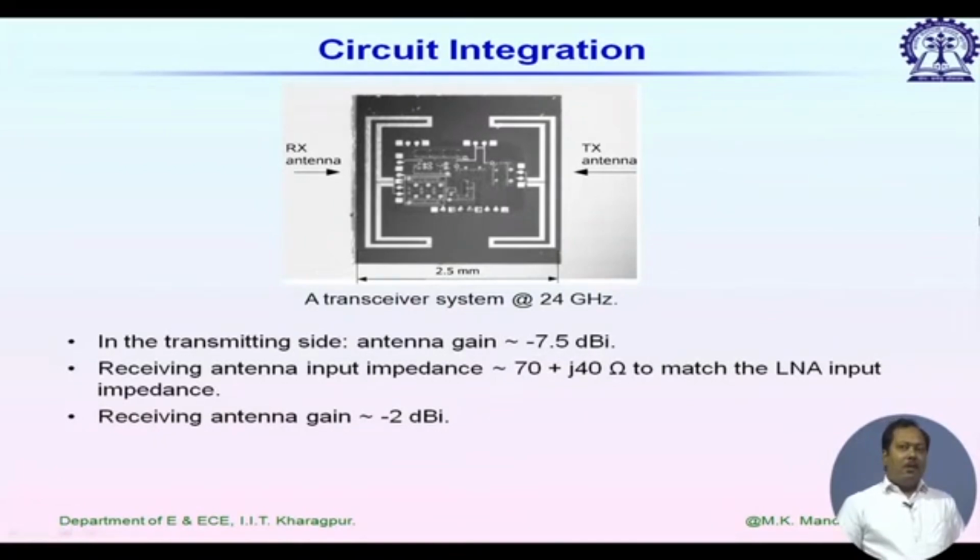So, now we know how to choose the type of radiator. Next, how to integrate them inside the chip, because in the chip we also have circuits. If we use any metallization for the circuit implementation, obviously there will be coupling between that metallization used in the circuit and the radiator.